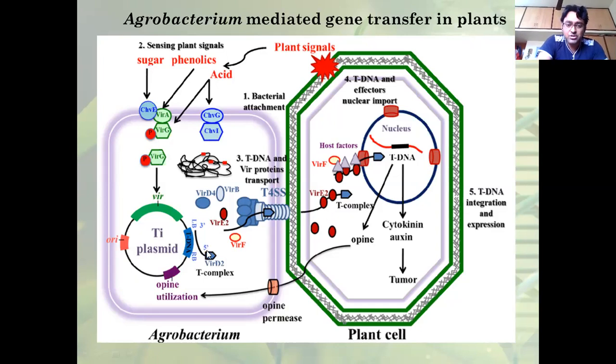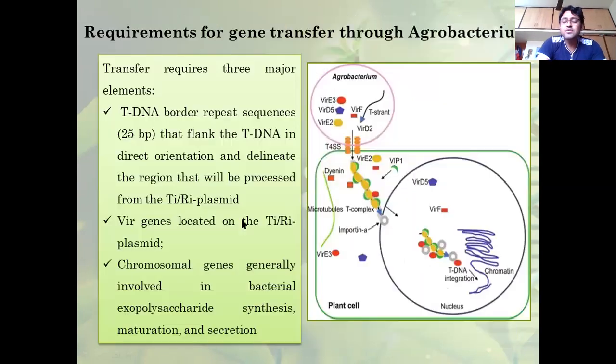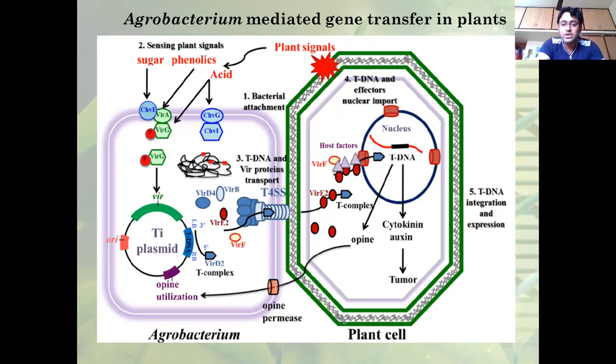Then, after being capped, the tDNA binds with the VirE2 protein. The next vir protein is VirE2. Once the single-stranded tDNA, not the double-stranded, is bound by VirE2 and capped by VirD2, it is channelized into the plant cell through a channel, and this channel is made up of different proteins along with the VirB protein.